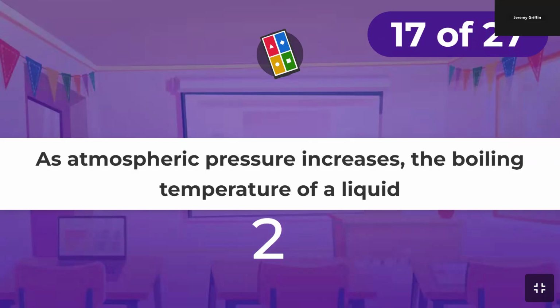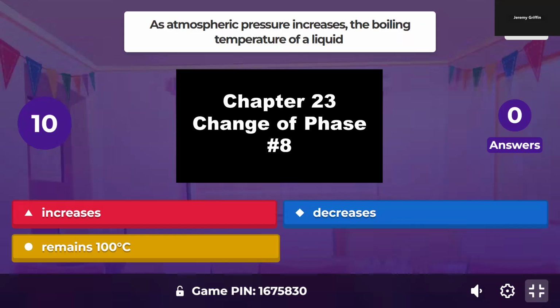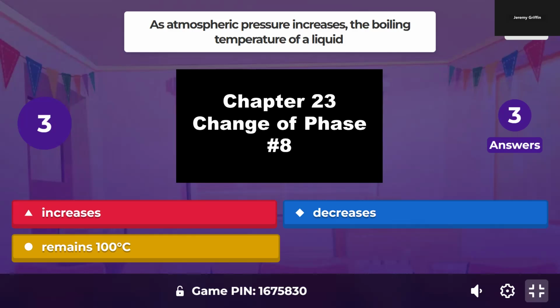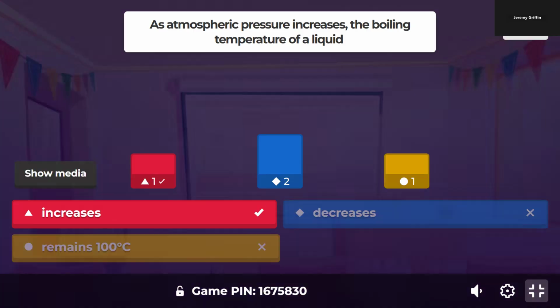Atmospheric pressure increases the boiling temperature of a liquid. You go from Denver, Colorado, down to sea level. So it'd be the other way around. The story we did with Paul Hewitt is if you start at sea level and go up into the mountains, you need less temperature to boil.